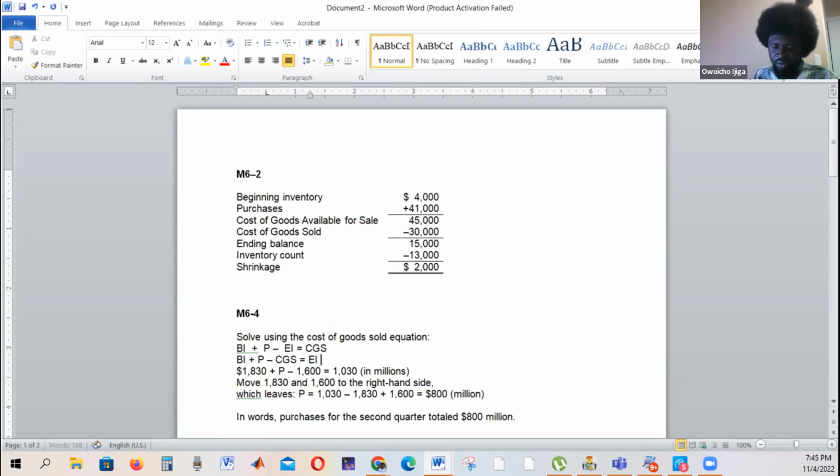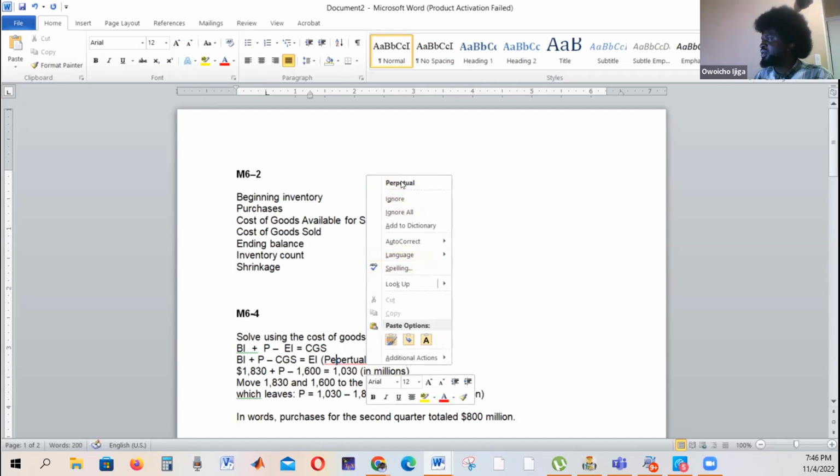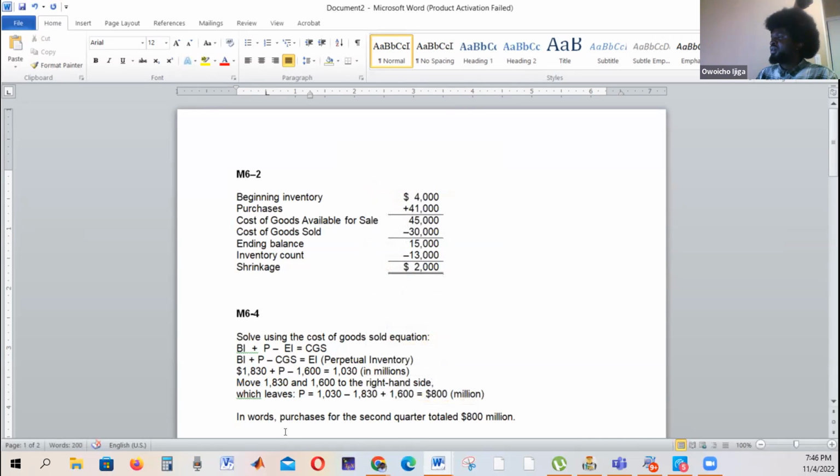This is the perpetual. While this is the periodic inventory equation.